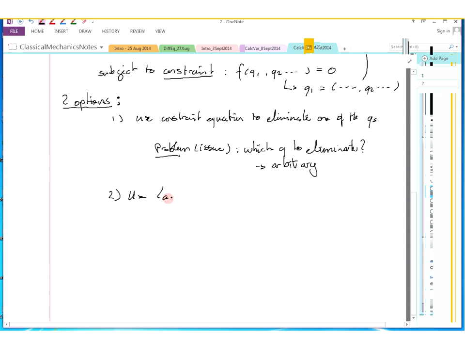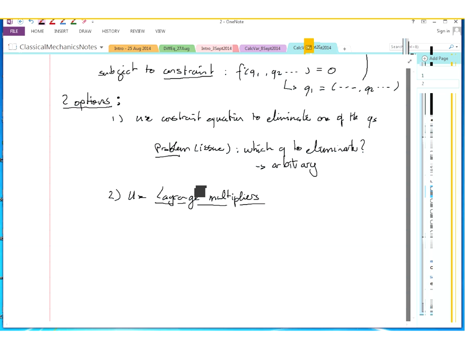What we're going to do is what's called the method of Lagrange multipliers. Remember, we have this constraint equation, little f equals 0, an equation that ties the q's to each other.